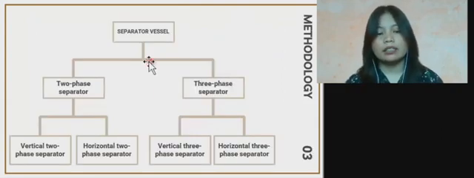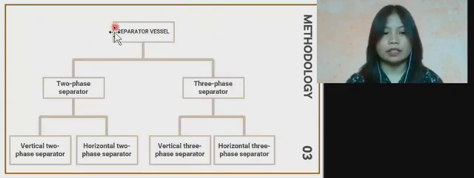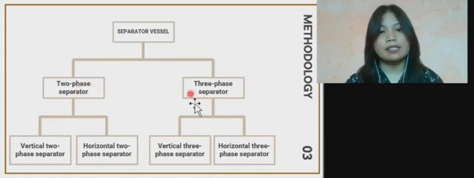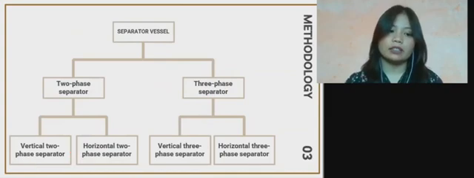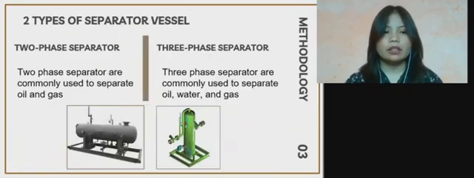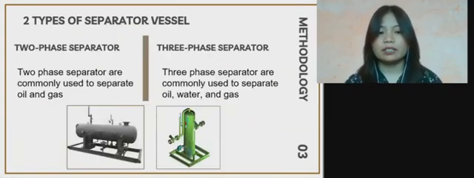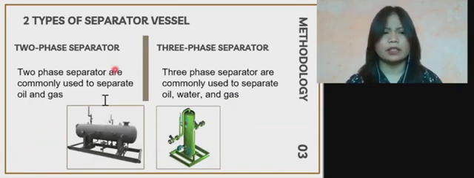Here is the classification of separator vessels. It is divided into two main types, two-phase and three-phase. Both two-phase and three-phase can be horizontal or vertical. So what does it mean by two-phase separator and three-phase separator?